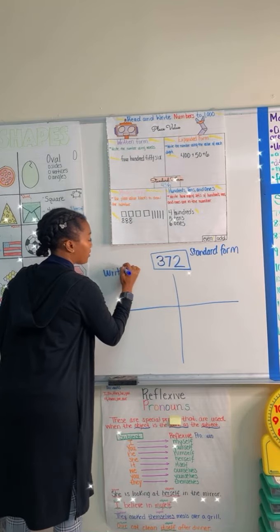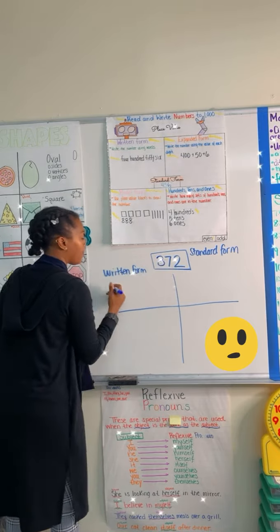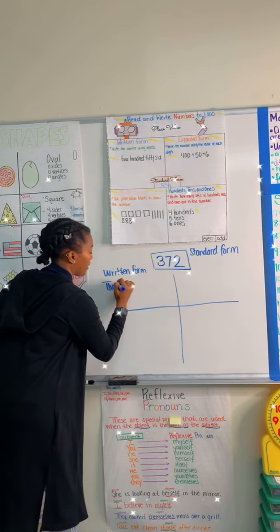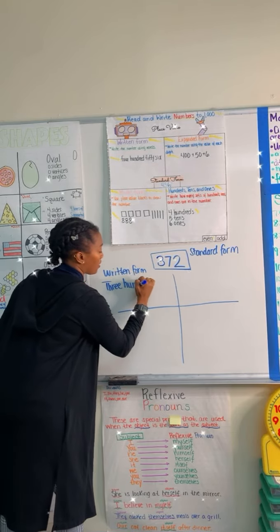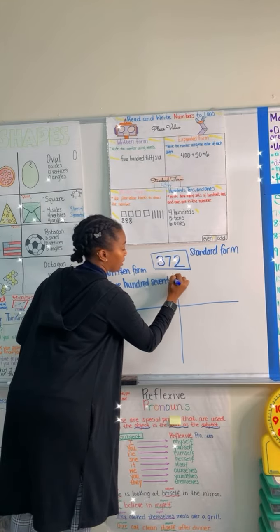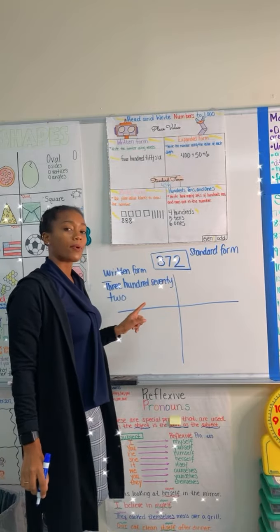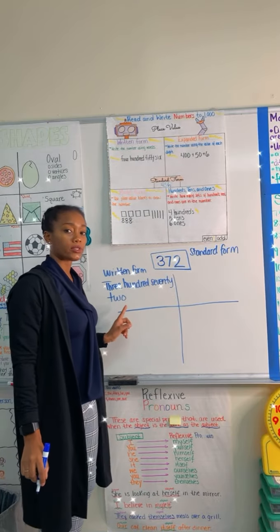Now, in written form, I'm taking the same number. It would be three hundred seventy-two. I used the same number, but I wrote it using words.